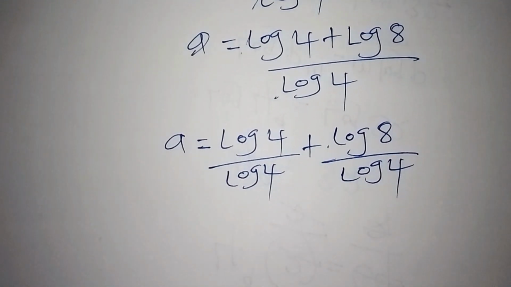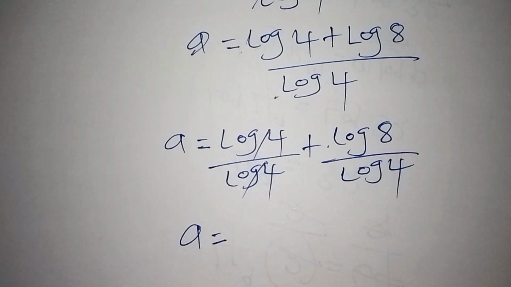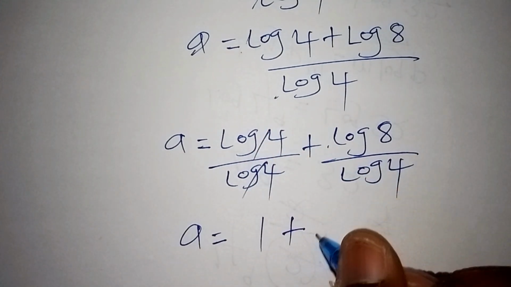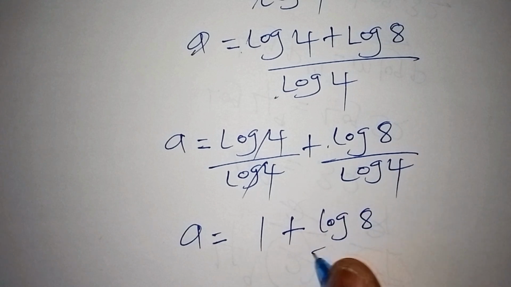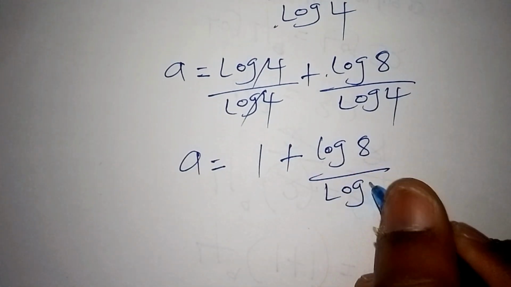As you can see, a is equal to, the log of 4 and the log of 4 shall cancel. So now we shall have 1 plus the log of 8 all over the log of 4.